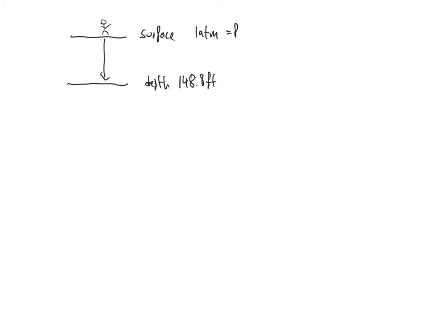So basically I have the surface, and at the surface we have 1 atm. So I have my diver here at the surface, and at the surface the pressure will be 1 atm. And then the diver dives down a specific depth. And of course, there's another pressure down here at a depth of 148.8 feet.